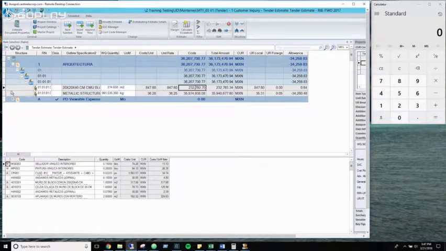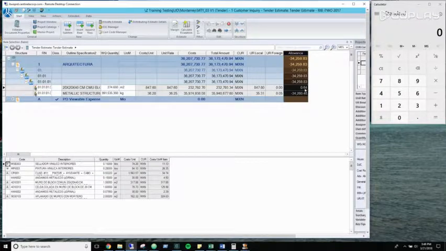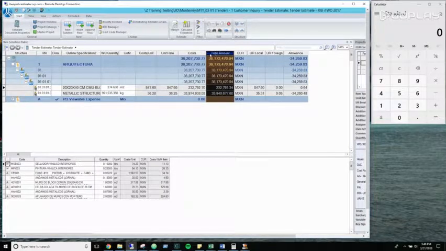And even though apparently these 2 have the same value, the cost and the total amount are different. So there is a small difference between these two numbers, which is in the allowance. There is just this value, but in the second one we can see there's a big one. So which one of these two is the correct number?